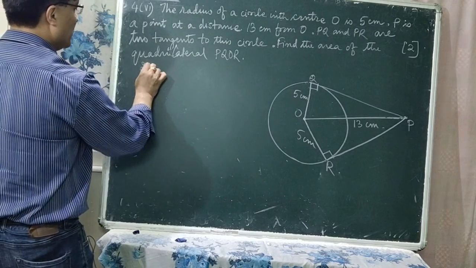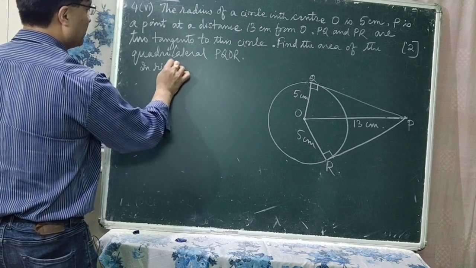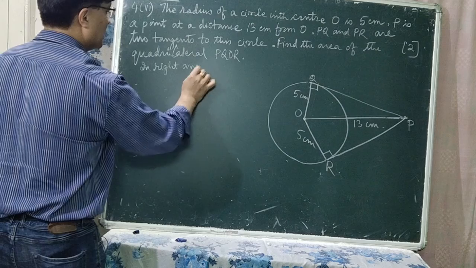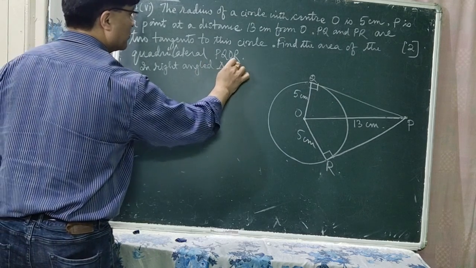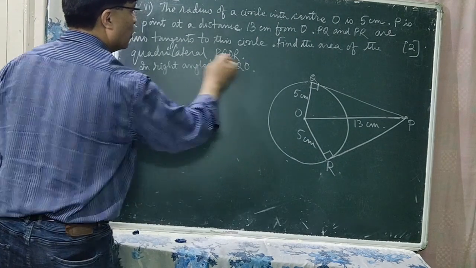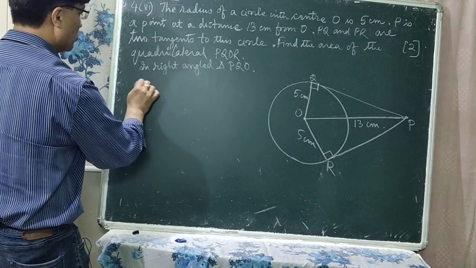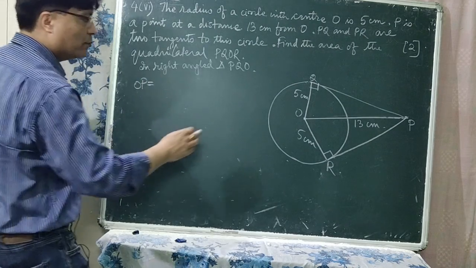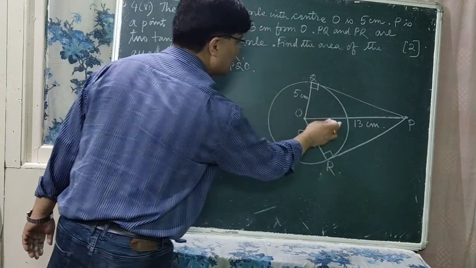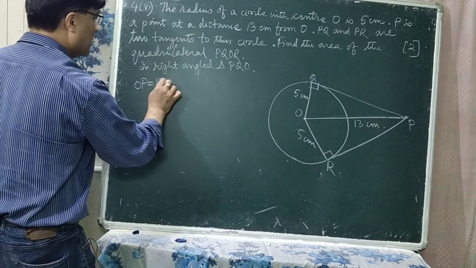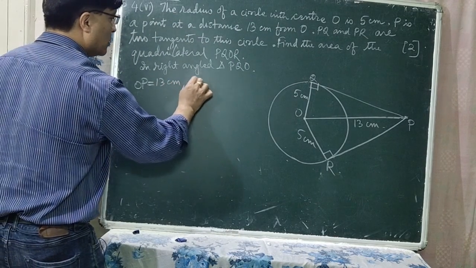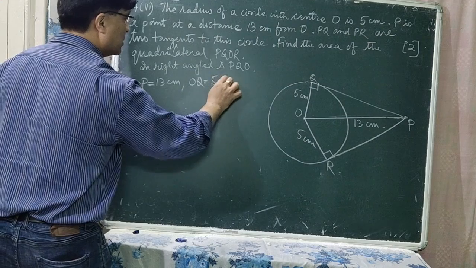Okay. So in right angled triangle PQO, OP will be the hypotenuse, because the side opposite to 90 degree will be the hypotenuse. OP is equal to 13 centimeter, OQ is equal to 5 centimeter.